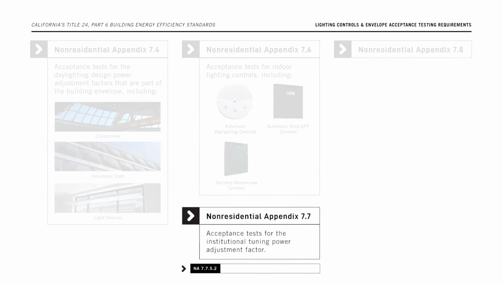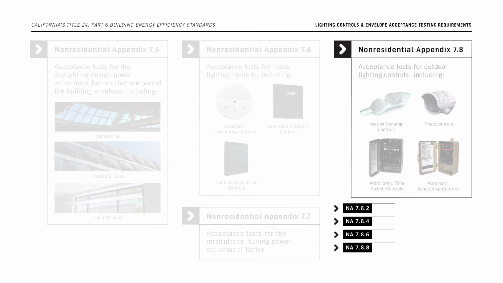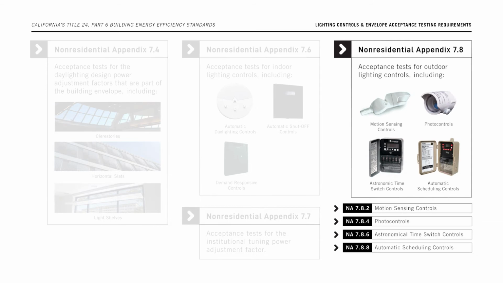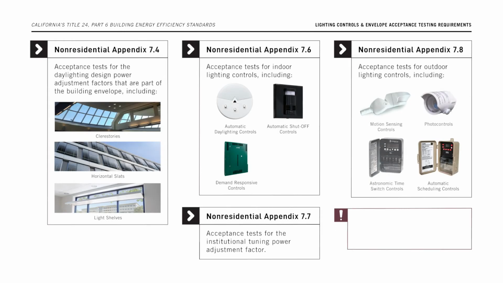NA 7.7 includes the acceptance tests for the institutional tuning power adjustment factor, and NA 7.8 includes the acceptance tests for outdoor lighting controls. This includes motion sensing controls, photo controls, astronomical time switch controls, and automatic scheduling controls.